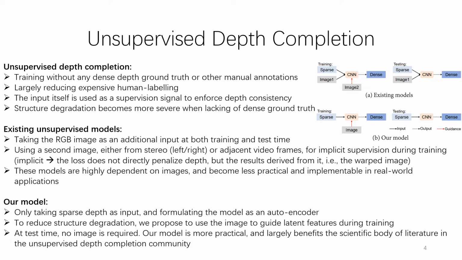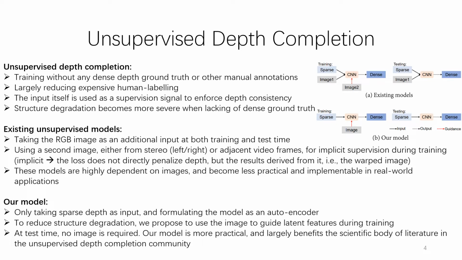To deal with the structure degradation issue, existing unsupervised works take the RGB image as an additional input at both training and test time. They basically assume that the RGB image can provide clearer and more dense structure information. They also use the second image, either from stereo or adjacent video frames, for implicit supervision during training.